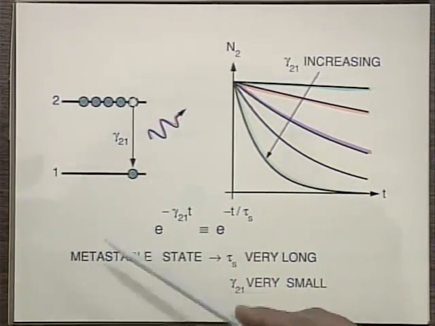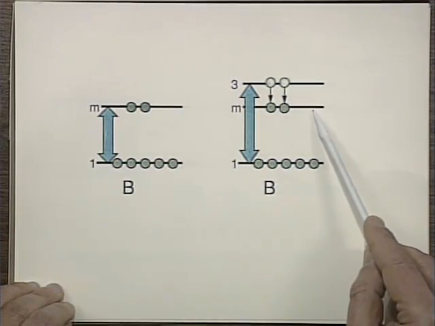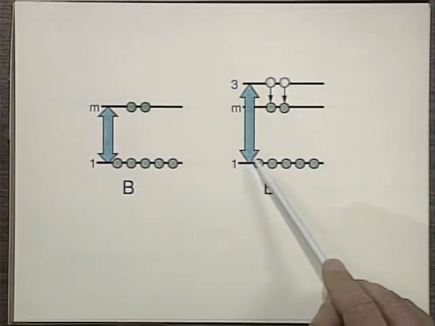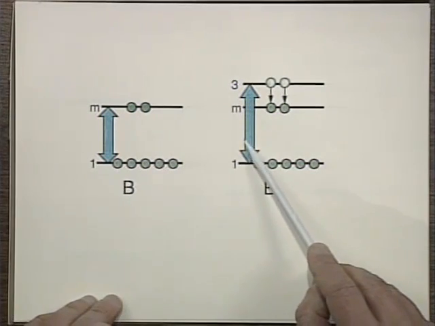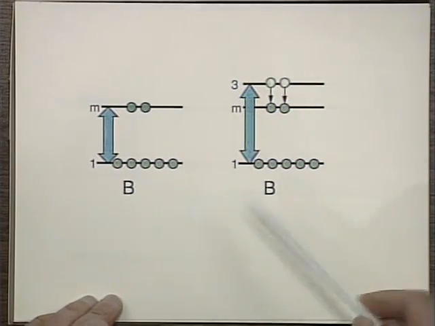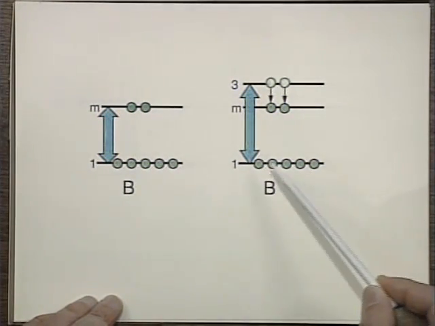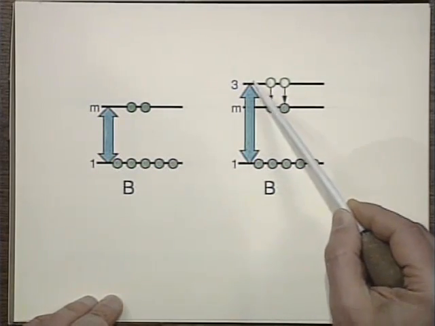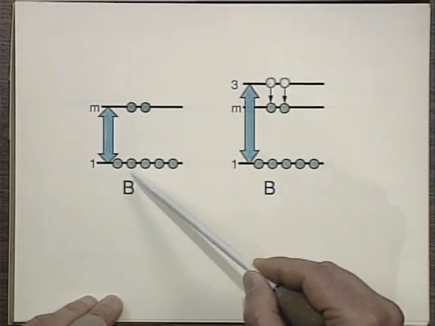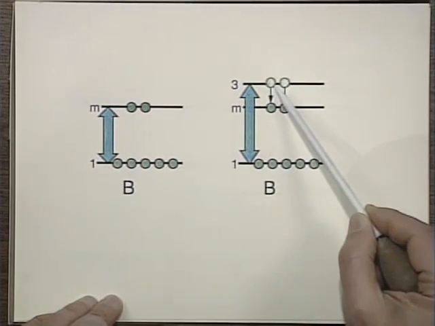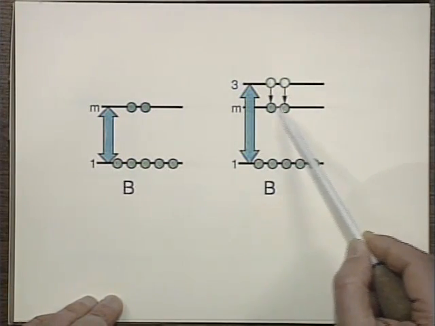Now comes the question: how do you generate a metastable state? All right, we're not done yet. Let's say this is the metastable state that we want to generate. What we can do is use a pump, or some excitation mechanism. It could be optical, it could be electron collision, it could be whatever. And then we can go up to level 3 in this particular case, in this B atom now, not A. And then let's say by spontaneous emission we come down to here.